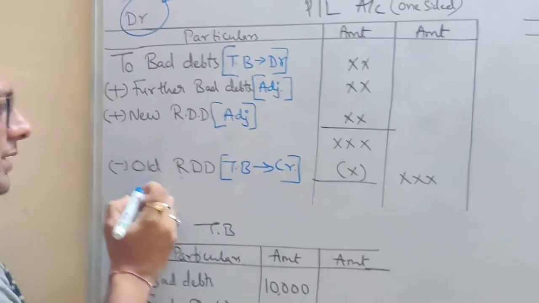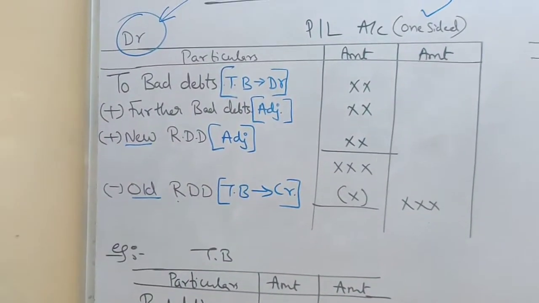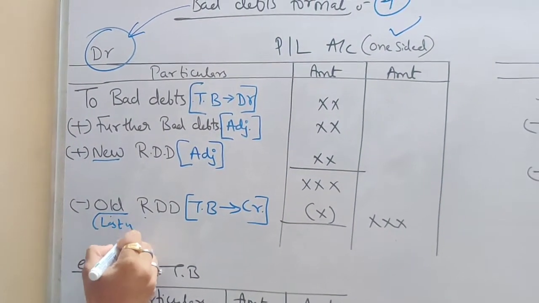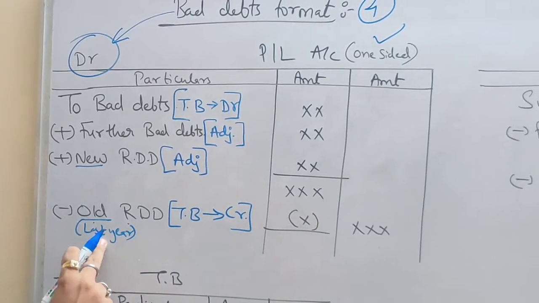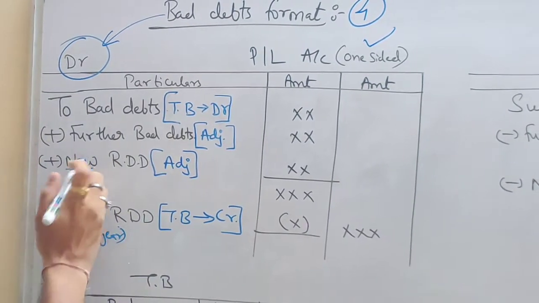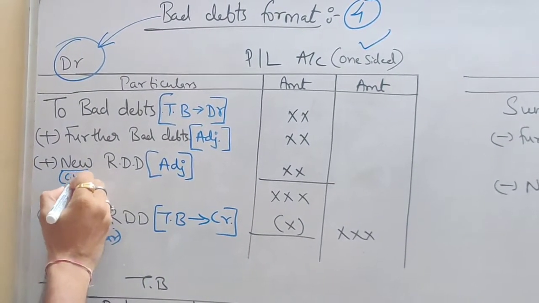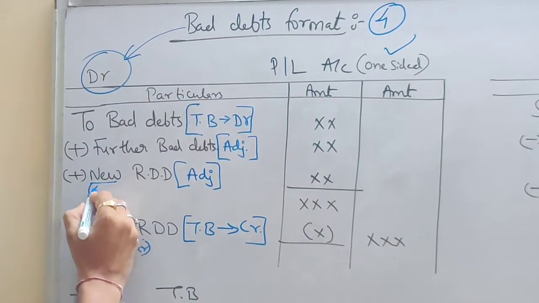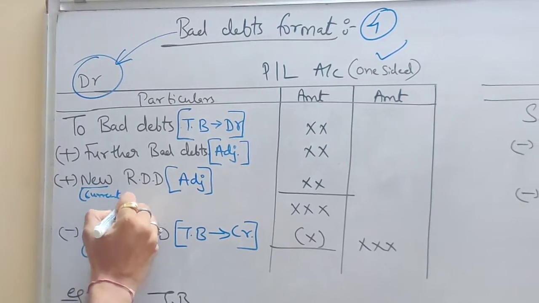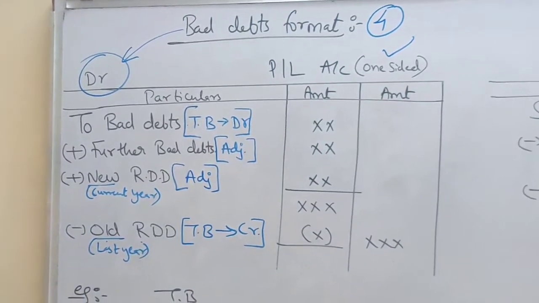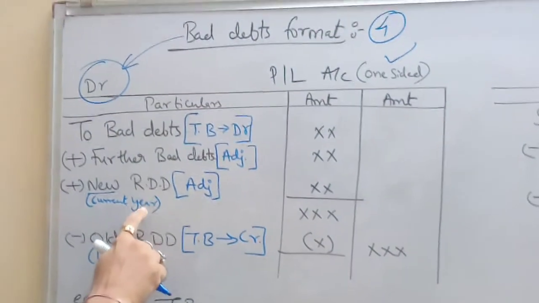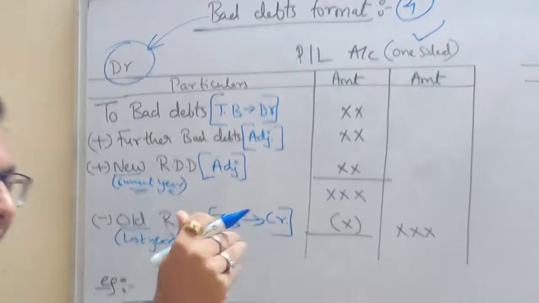Now let's understand, students, what is this old and new? Old means this is last year's reserve or last year's provision. New means this is the current year's provision. This means you are creating this provision, this reserve, in the current year.